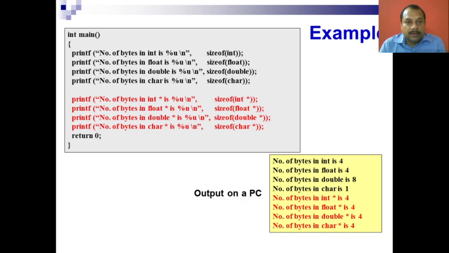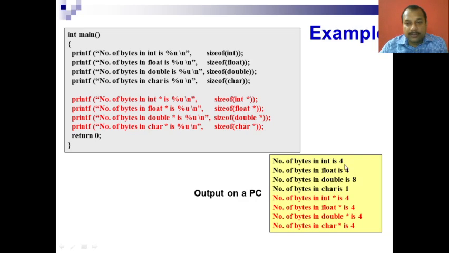Okay. Now here is an example which I demonstrated also to you, but again to refresh your memory, using the sizeof operator, I am printing how many bytes are required for an integer variable, floating point, double and character variable, and here I am printing how many bytes are required to store an integer pointer, floating point pointer, double pointer and character pointer.